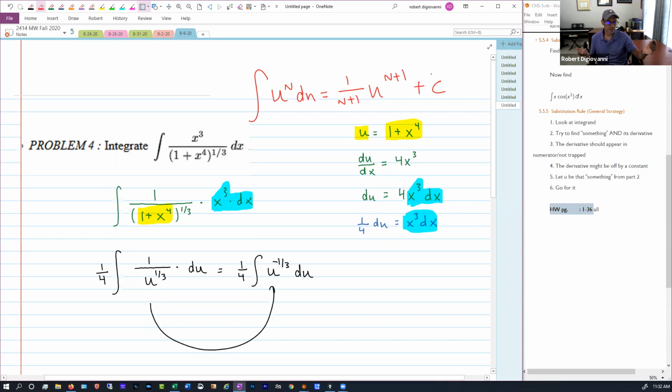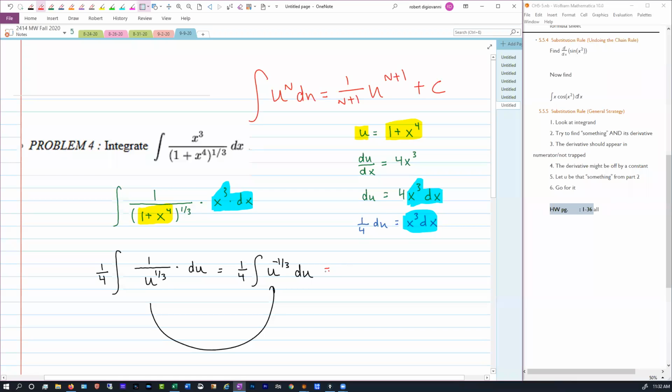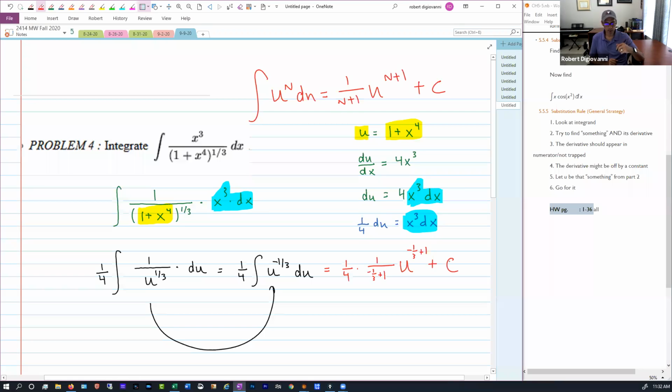So here for us, the n is negative 1/3. Yeah, negative 1/3. So then it'll be 1 over negative 1/3 plus 1, and then u to the negative 1/3 plus 1, plus c. Yep, okay, good. And now we just have to figure out what that is. So negative 1/3 plus 1 is 2/3.